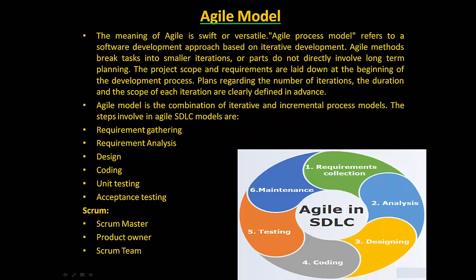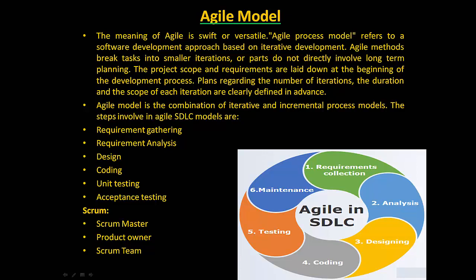The next one is the most popularly used model, which is the Agile model. The meaning of Agile is swift or versatile. Agile is a process or a model. It refers to a software development approach based on iterative development. Agile methods break tasks into smaller iterations or parts and do not directly involve long-term planning.